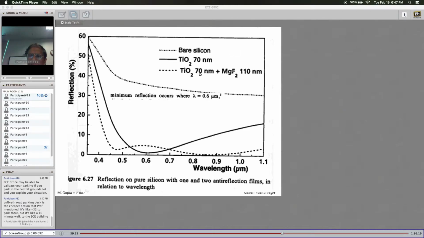So if you put 70 nanometers of TiO2 and then put 110 nanometers of magnesium fluoride, then you get a curve like the dashed curve. And notice that in the visible part of the spectrum, reflection is around 5-6% over a broad spectrum. So this is how you overcome that problem, having a broad wavelength range and trying to make an anti-reflection layer.